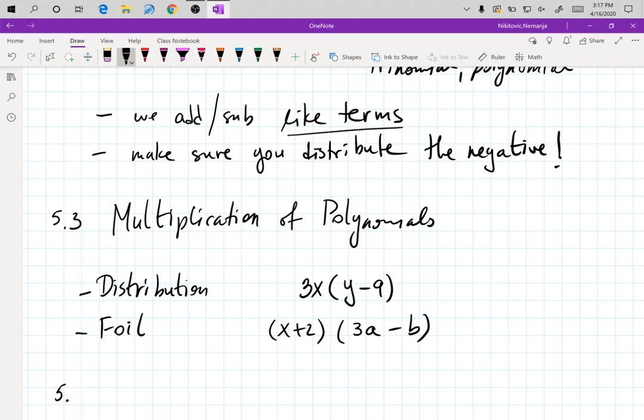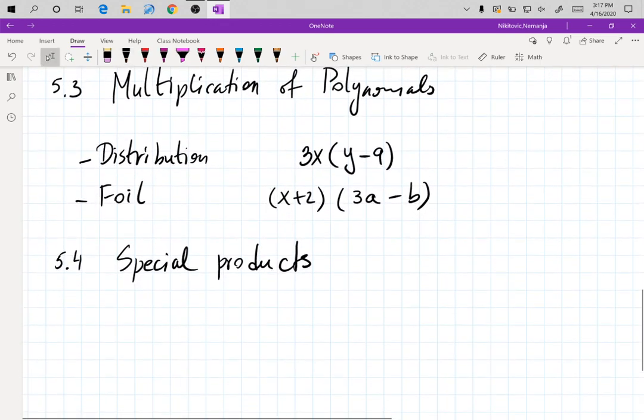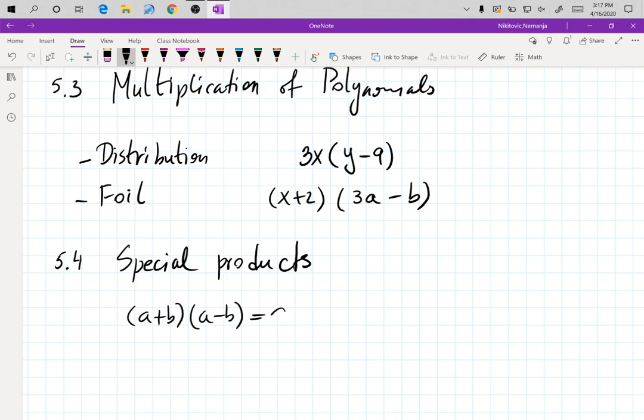And then finally, we have 5-4, special products, where you memorize the formulas. (A plus B) times (A minus B) is A squared minus B squared. And (A plus B) squared is actually (A plus B) times (A plus B).